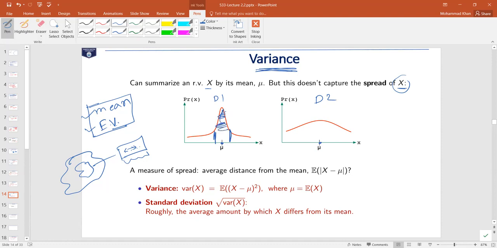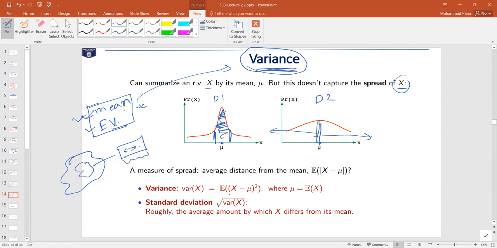On the other hand, for distribution 2, most of the values are not around the mean, but they are distributed over a very large range. We can find the sense of it using the metric variance. Variance will tell us how the values for this random variable are distributed around the mean value. So mean is one representative. How good is it? We find it using variance.